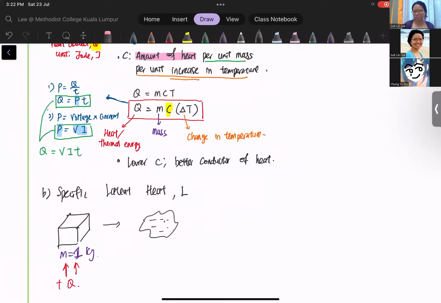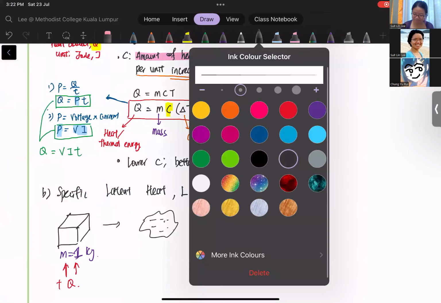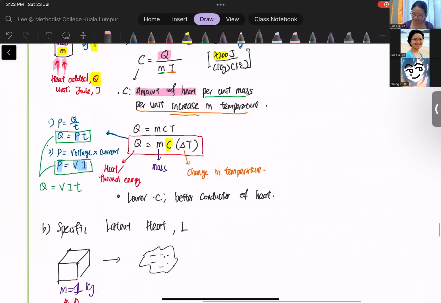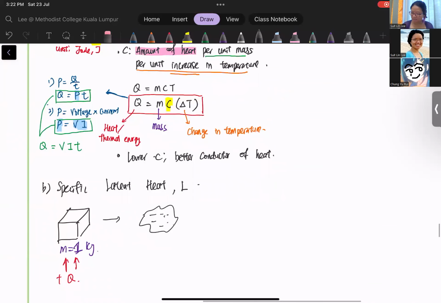Can I? It may not be 1 joule, it can be any amount of energy. Which means this L can be defined as the amount of heat required per unit mass, joule per kg.